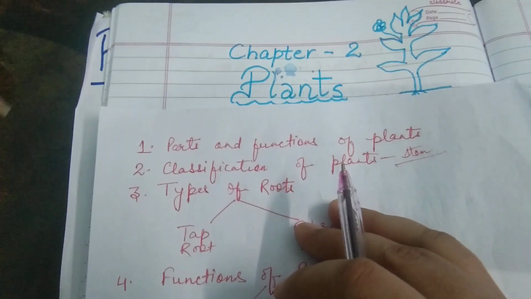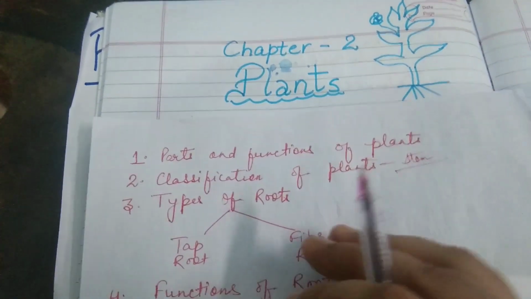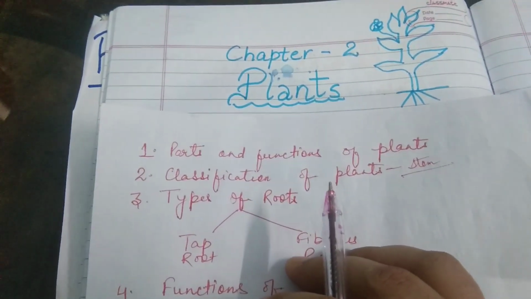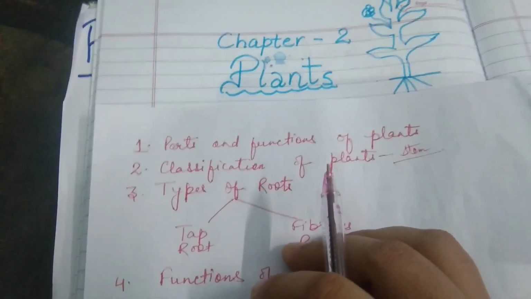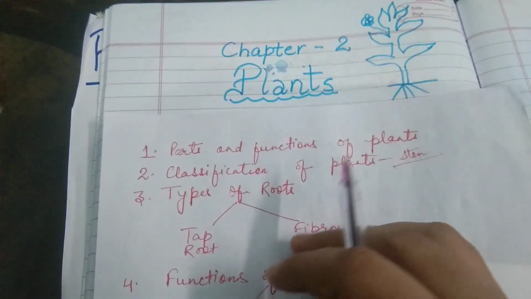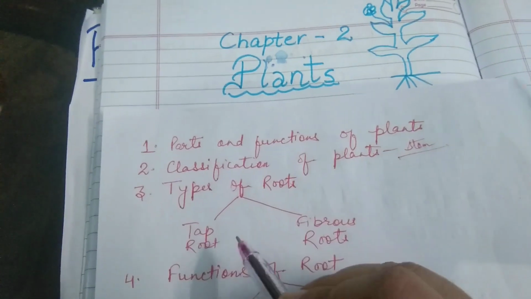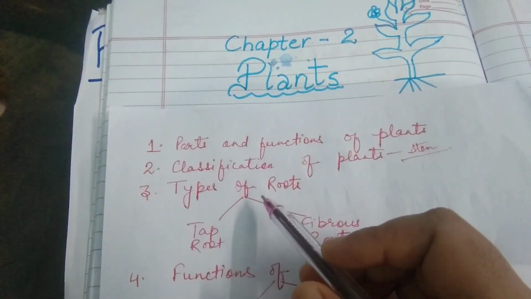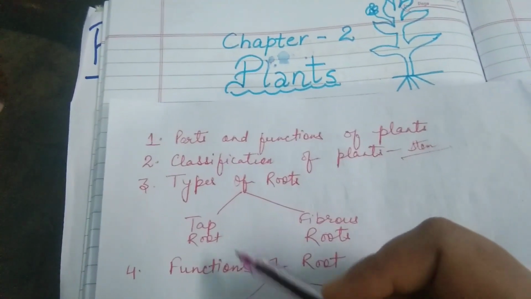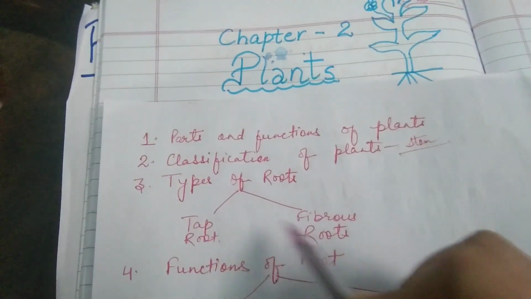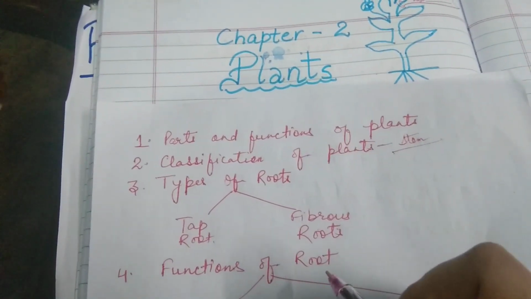Then in this chapter we mainly dealt with the roots of the plant. The roots of the plants are divided into two types, that is taproot and fibrous root.